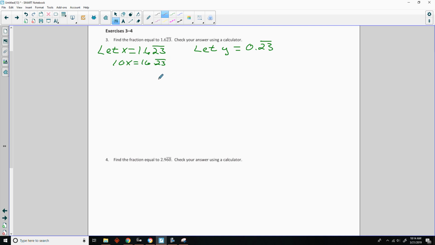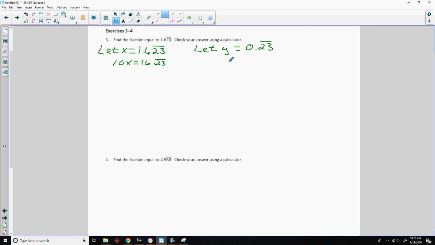So I just want to move the decimal over until I get y to the right of my decimal. So I multiplied both sides by 10, okay, to get a number plus y.